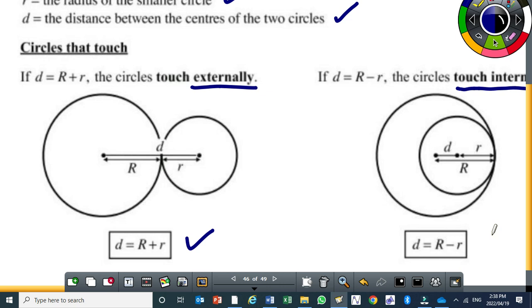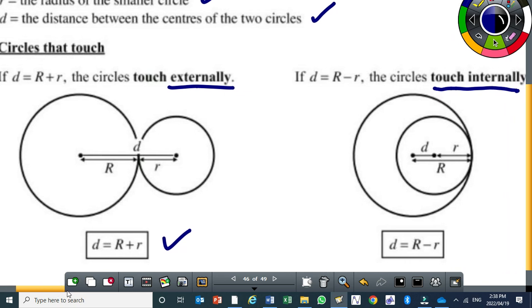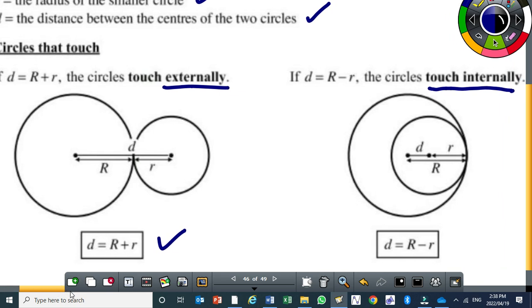All right, on the other side, I hope you can see that. Now it's very much possible that the circles may not touch.